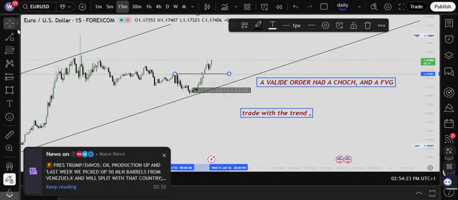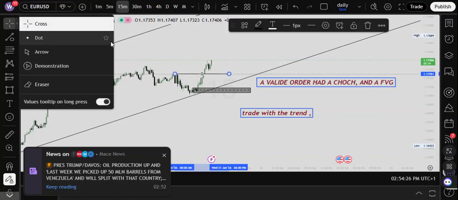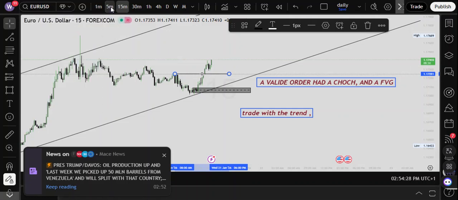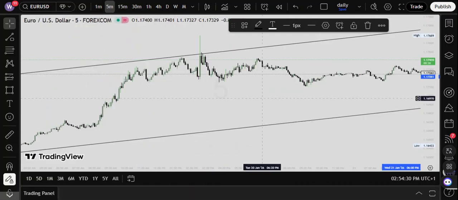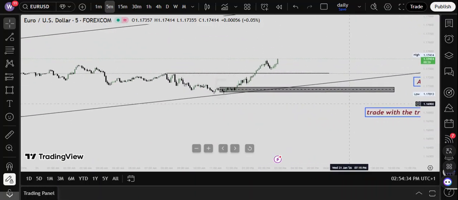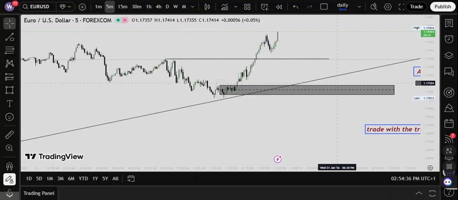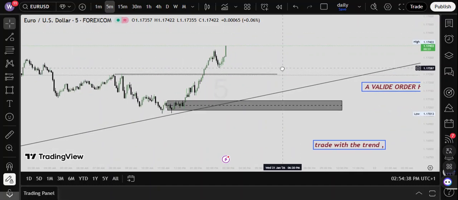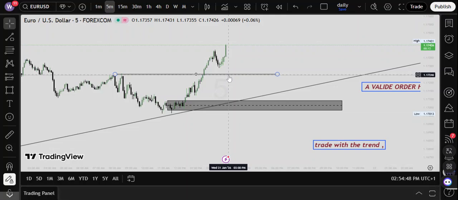So what we're going to do next for our entry is go down to your 5-minute time frame, where you want to have your entry. These are the options that you have currently. You can either wait for price to return back to this order block and retest it, or retest the CHoCH, the change of market character that we already have here. So this will be your entry.